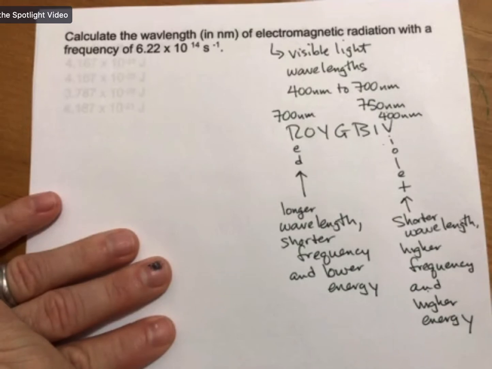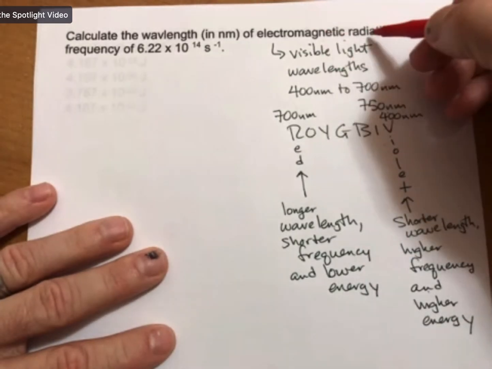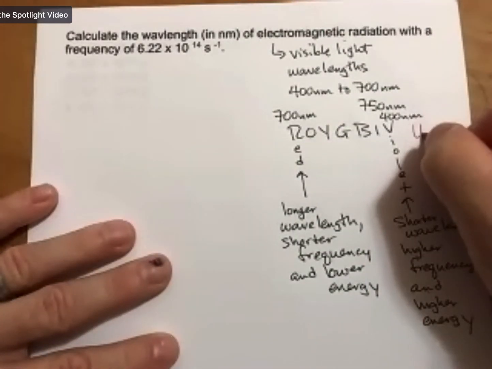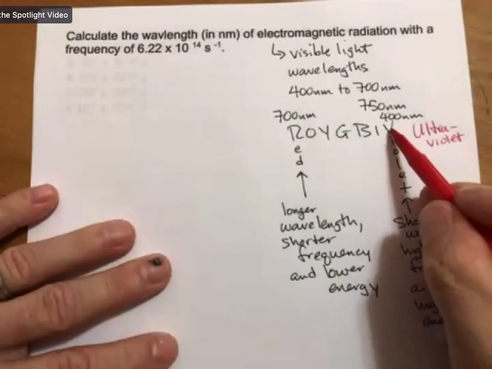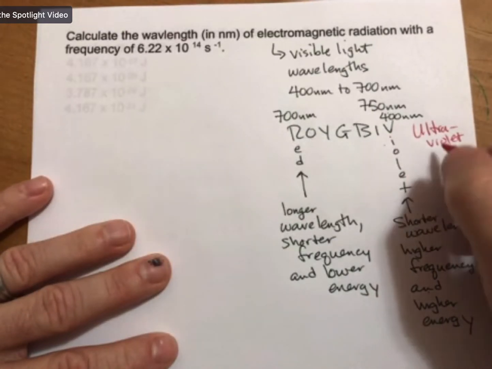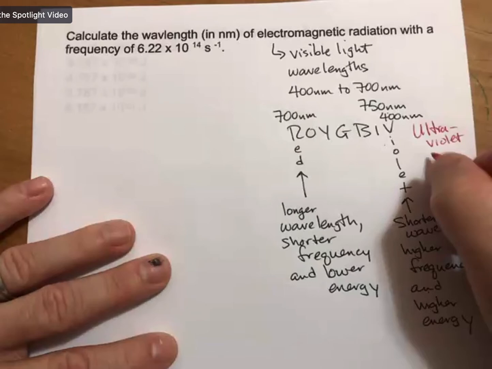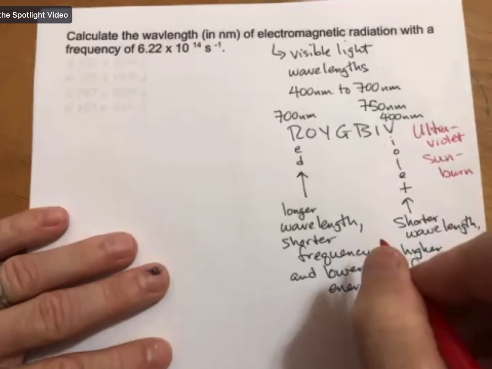And another way to remember this too, by the way, for me, is other types of electromagnetic radiation include ultraviolet, and ultraviolet causes sunburn on skin.